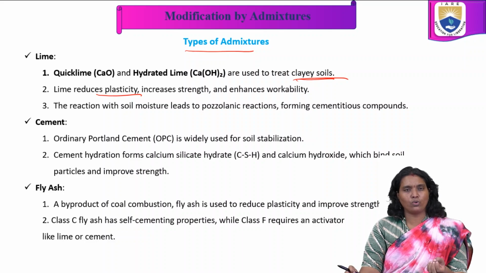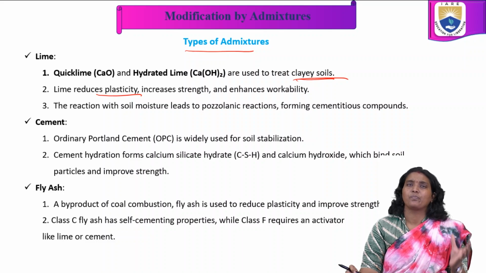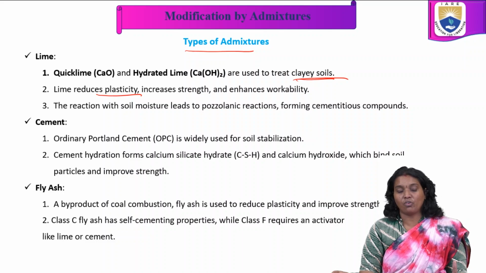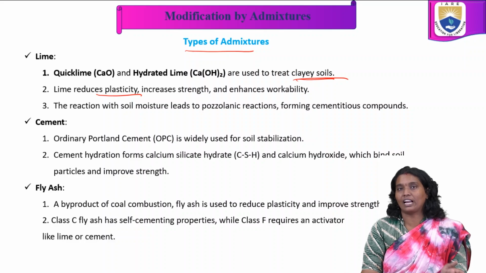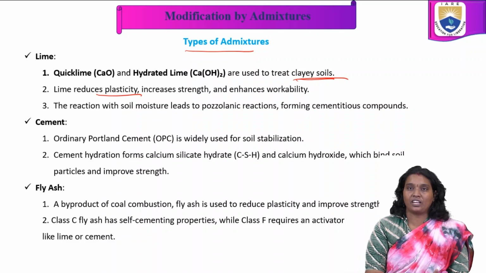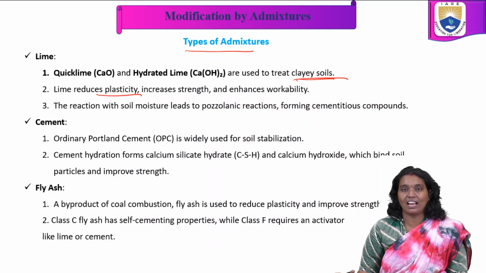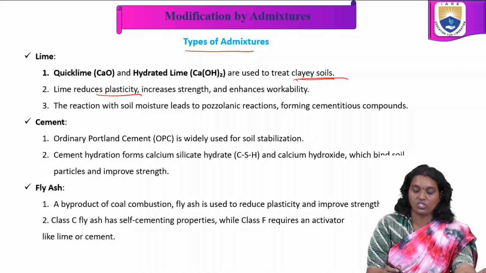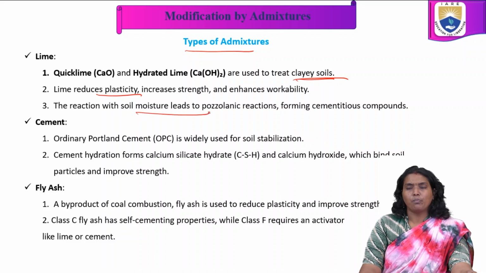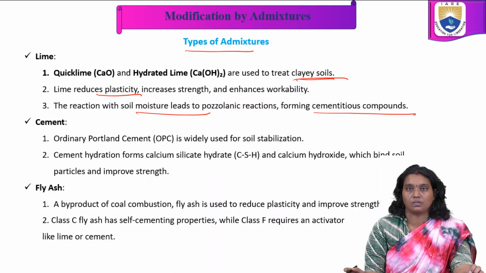Once we reduce the plasticity, it enhances the workable nature of those particular materials. The combination of materials is nothing but the concrete. Like that, lime reduces the plasticity and increases the strength as well as enhances the workability. The reaction with soil moisture leads to pozzolanic reactions forming cementitious compounds.